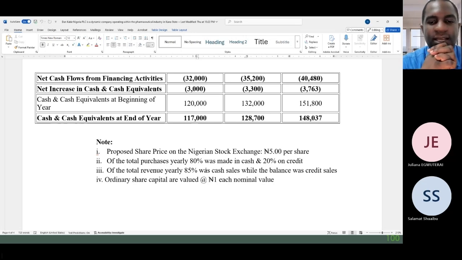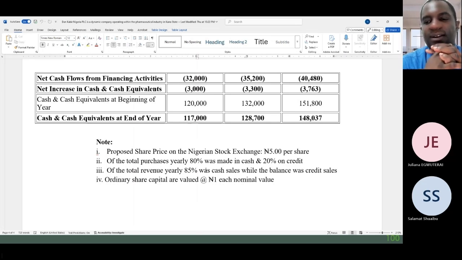She has gone off. I can't hear her again. 15% now that will multiply by the revenue. Oh, can you hear me? Yes. Is it the remaining 15% multiplied by the revenue? Yes. Okay. Exactly. So I like your thoughts on this. The caveat there states that total revenue is 85% cash and the balance is credit.